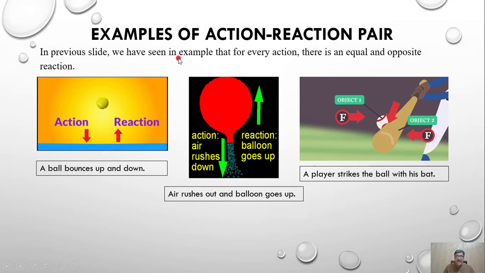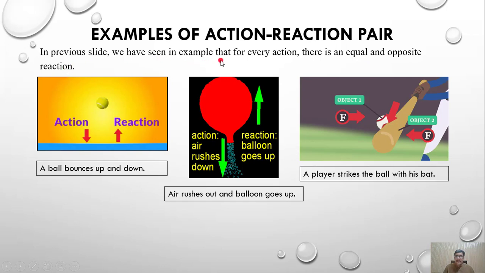Here are some examples related to Newton's third law of motion that show you an action-reaction pair, or two forces acting as a pair. In the previous slide we have seen that for every action there is an equal and opposite reaction.